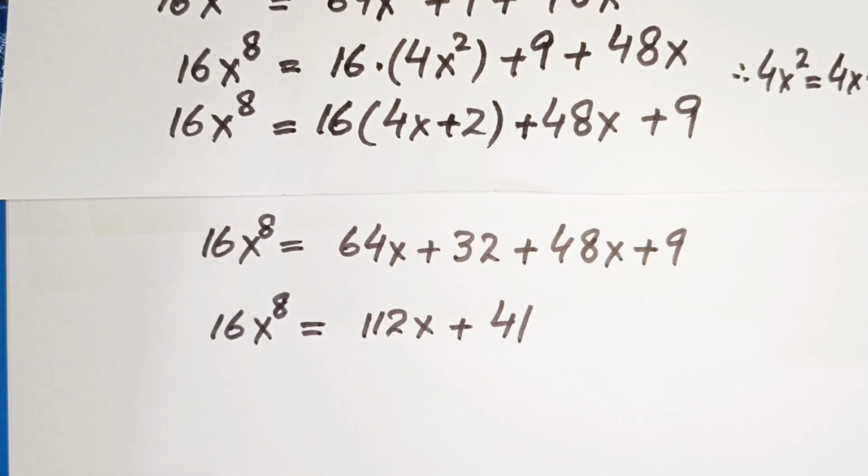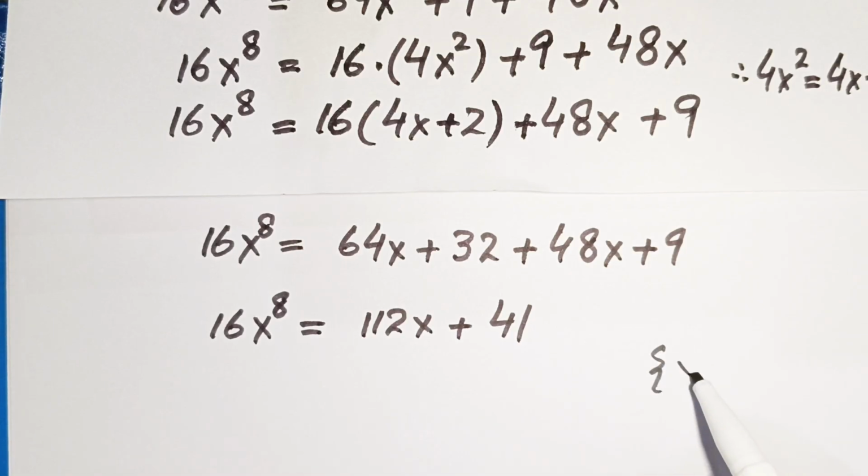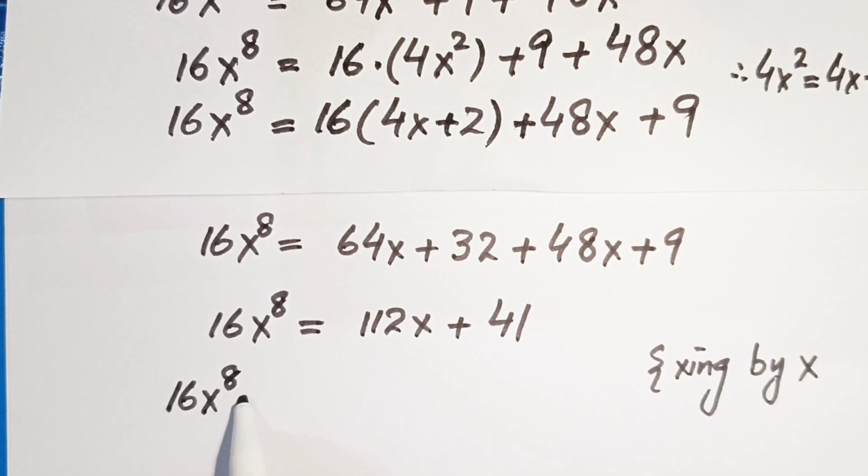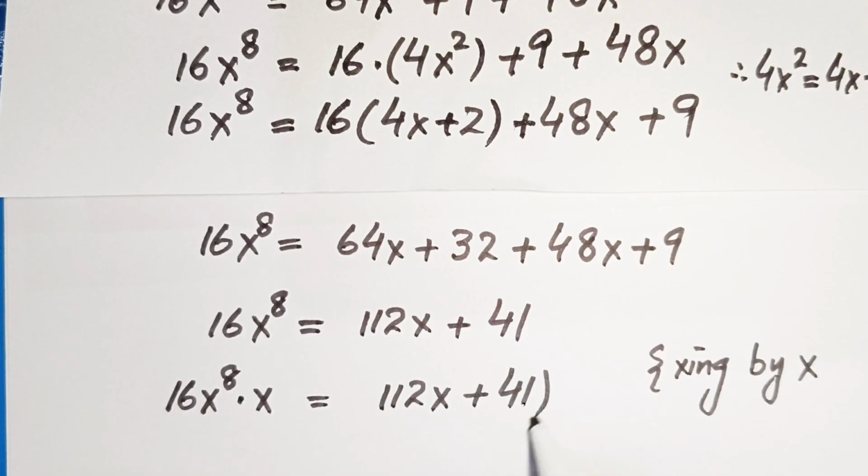So if we multiply by x on both sides, we will get 16x to the power 8 times x, and similarly (112x plus 41) multiplied by x.